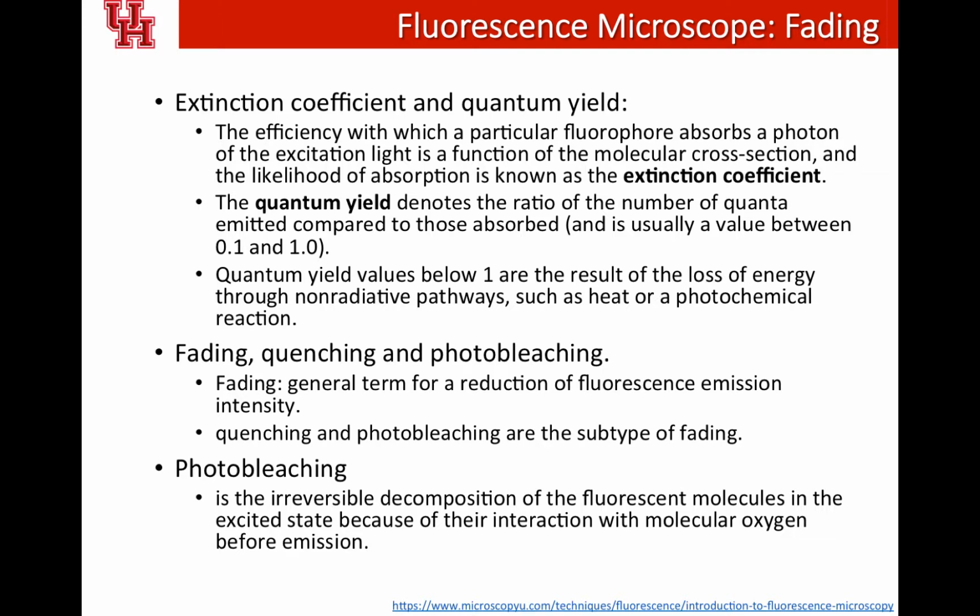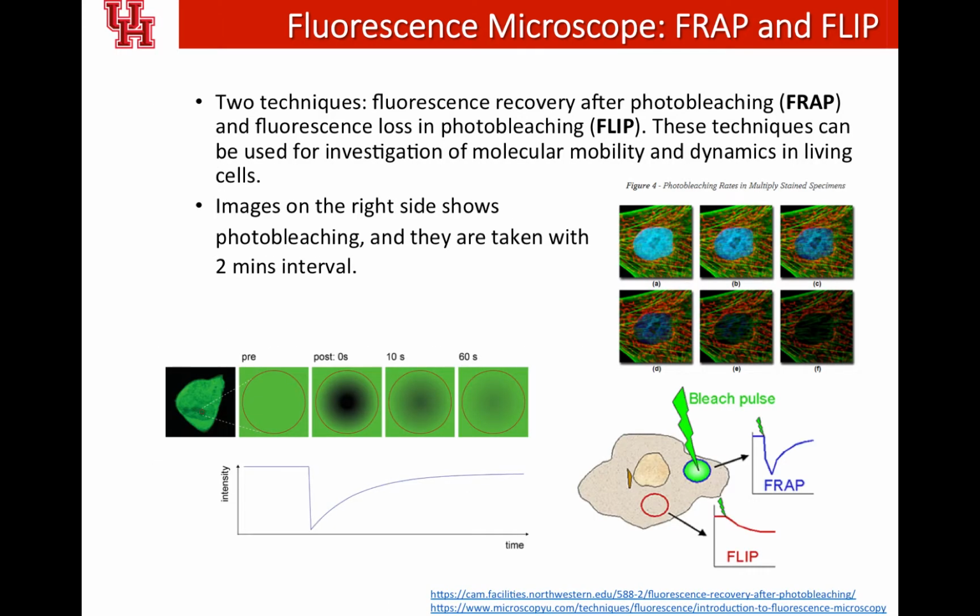So first is photo-bleaching. Photo-bleaching is the irreversible decomposition of the fluorescent molecule in the excited state because of its interaction with molecular oxygen before emission. So it hasn't emitted light; it has already been photo-bleached. Although it's a problem for fluorescence, because over time it gets dimmer and dimmer.